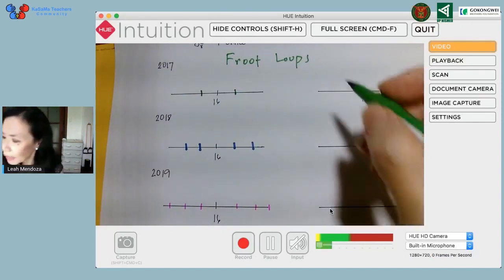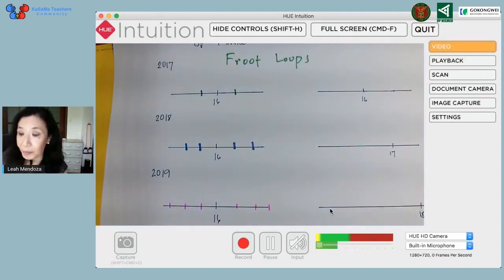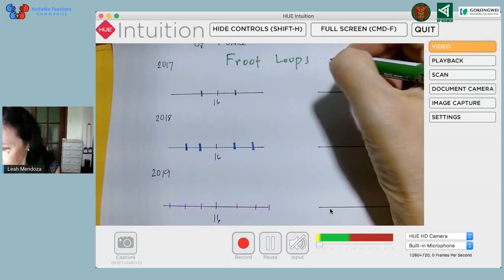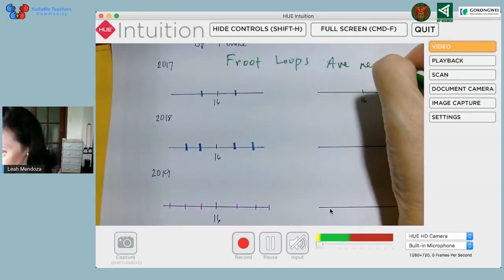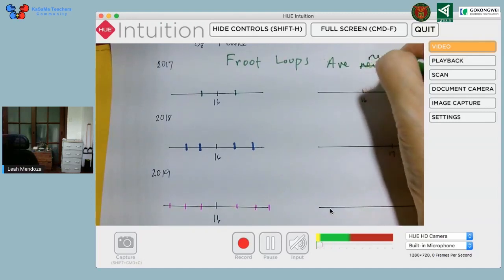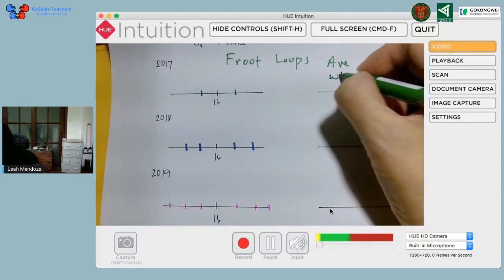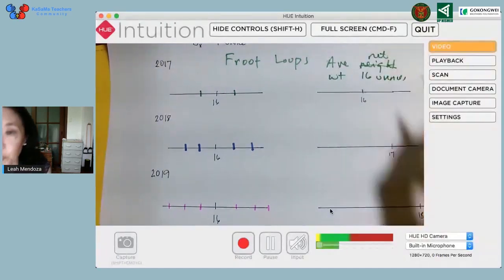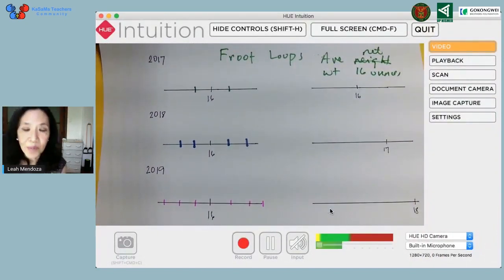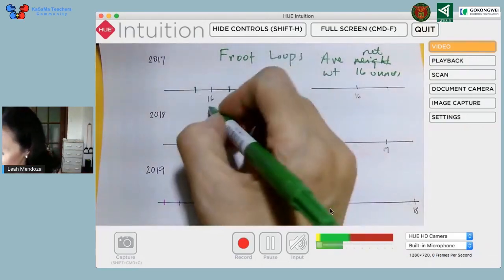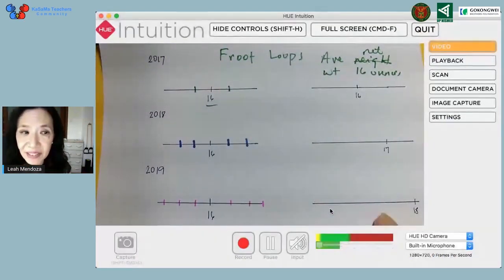Okay, if you look at the cereal boxes, you will see this: average net weight 16 ounces. So I'm the operations manager, and in 2017, I got a sample of boxes.